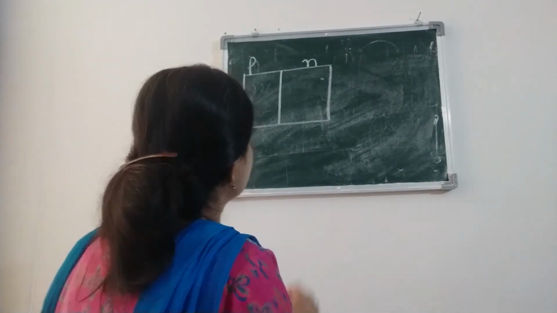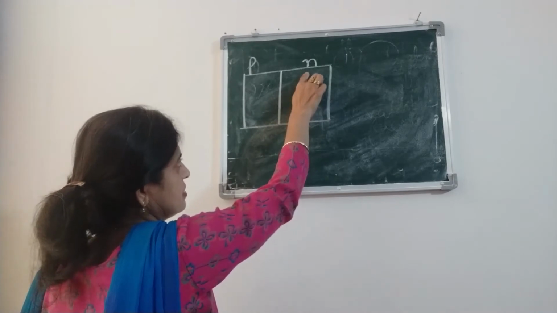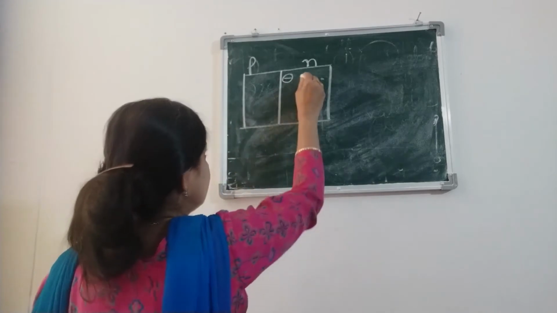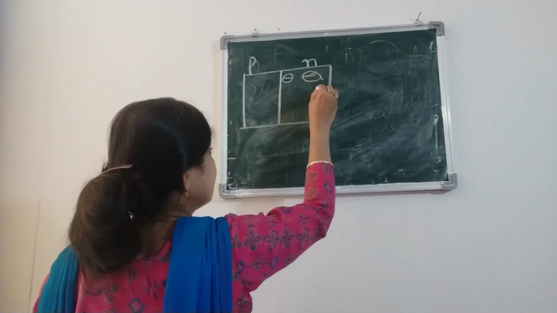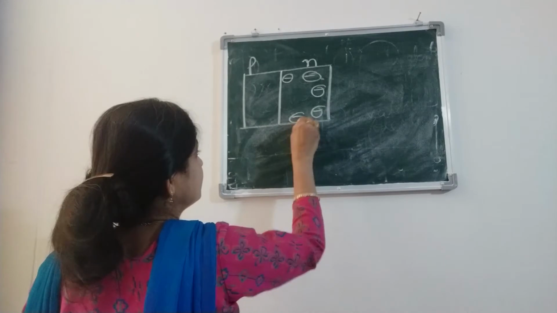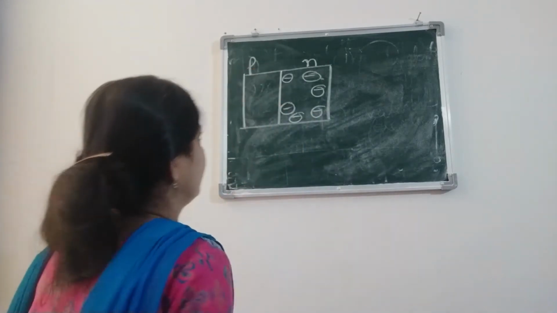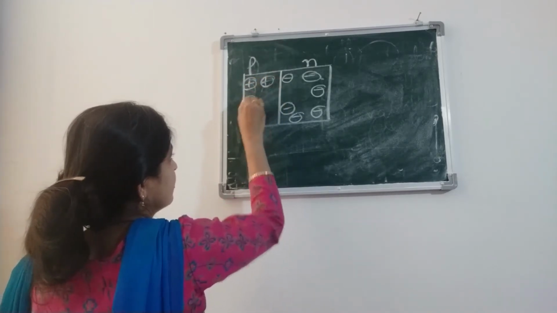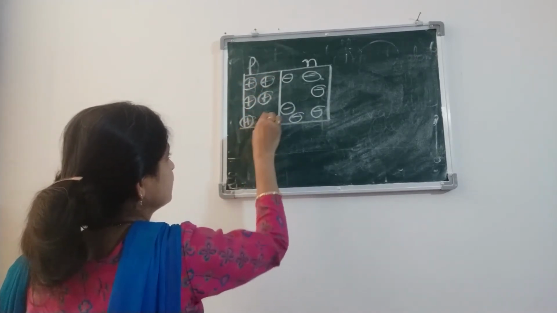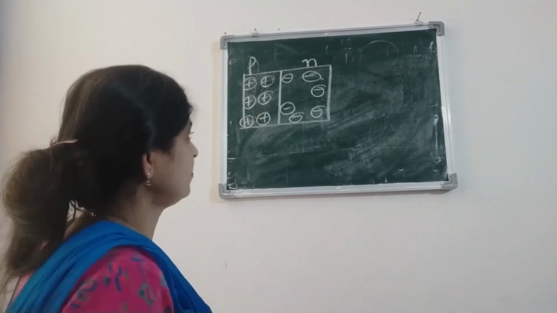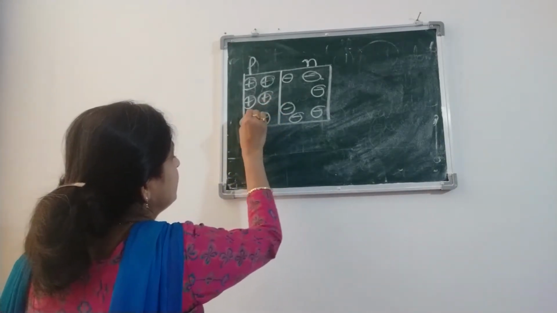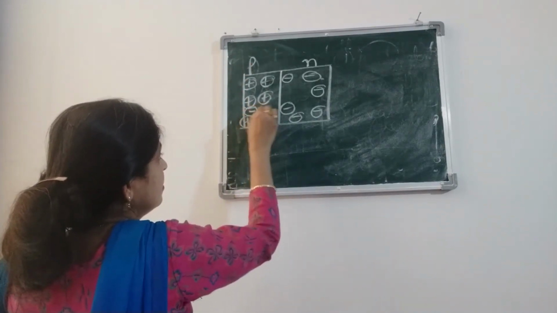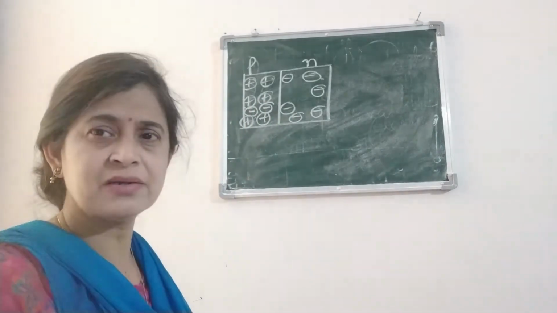Also we know the majority charge carriers in N-type are electrons, and on the P side, holes are the majority charge carriers. But the minority charge carriers in P are naturally electrons.